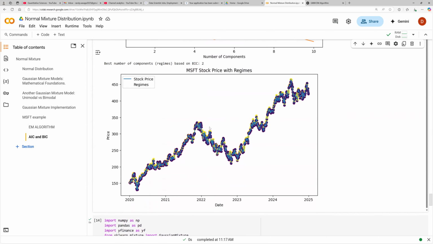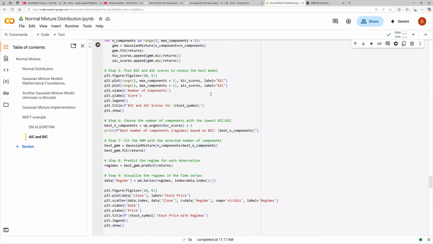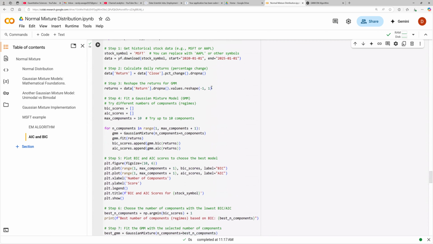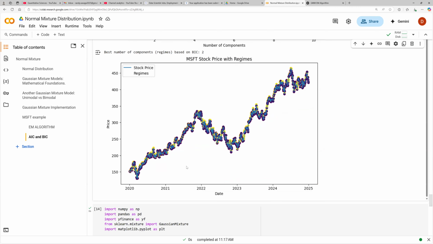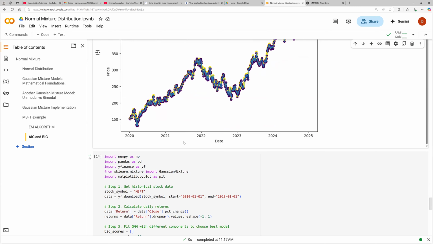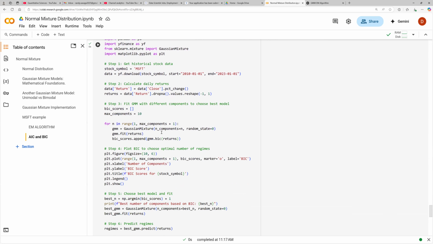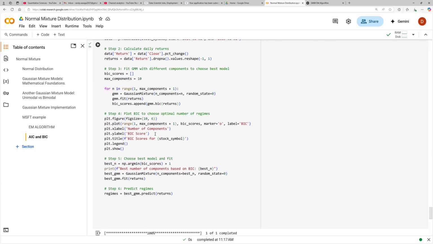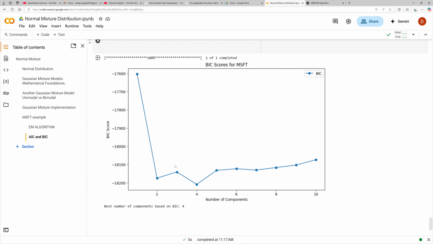We saw that this was for approximately 5 years, going from 2020 to 2025. But say we wanted to look at a longer time frame, from 2010 to 2023. We could run the BIC score again, and we'll find that this time the number of components is 4.